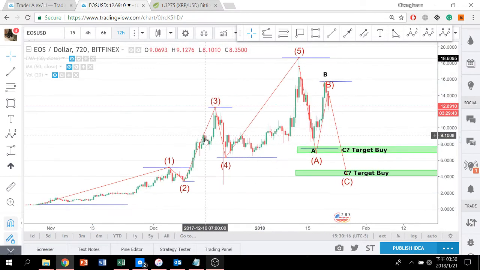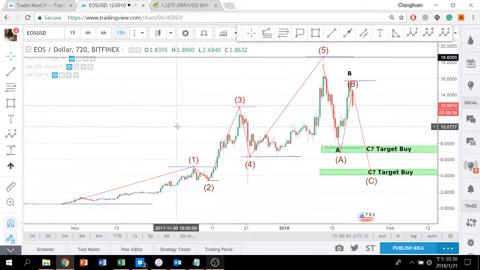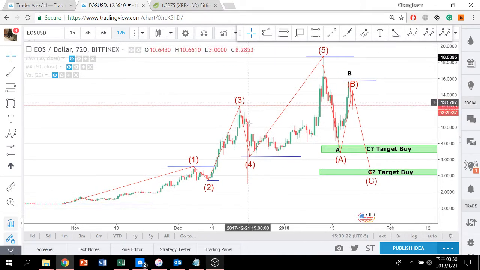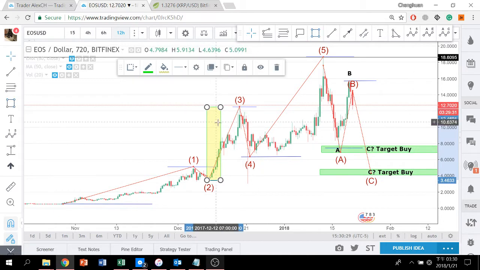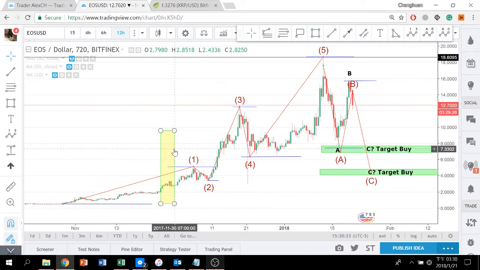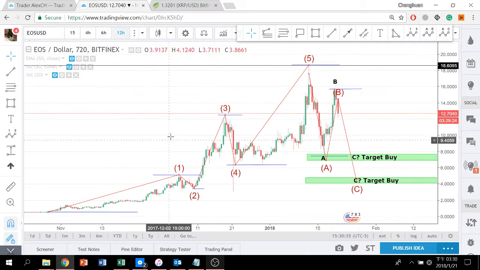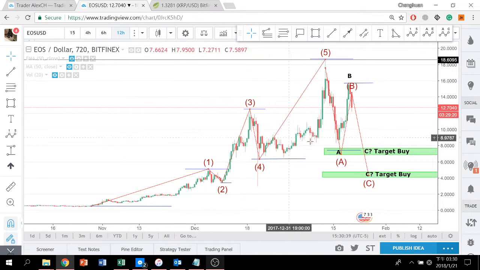That fits the criteria of a rule of the Elliott wave principle. And wave 3 clearly is longer than wave 1, right? Wave 3 over here, the height is clearly longer than wave 1. So this is a set of 5 waves that qualify as a set of Elliott waves.